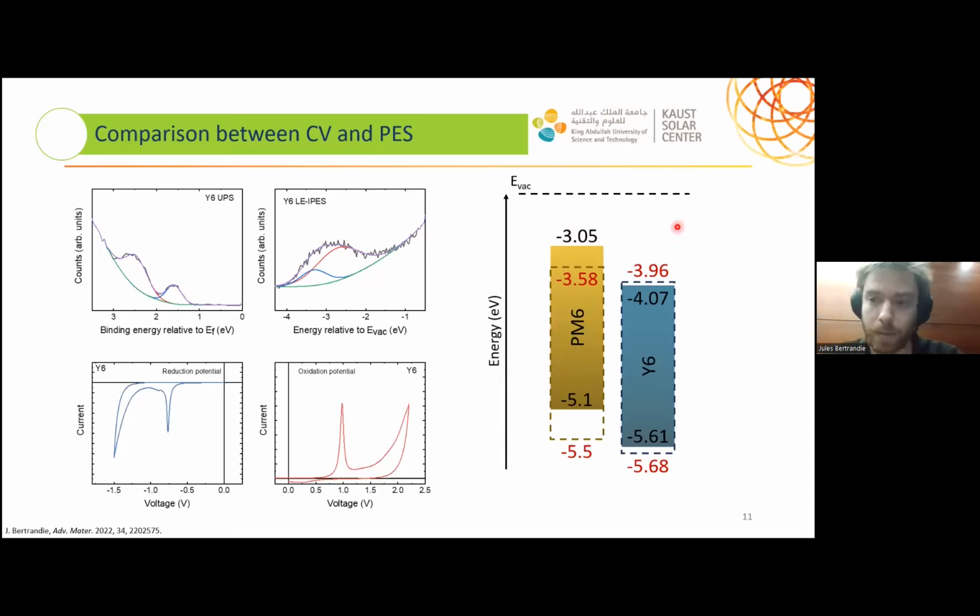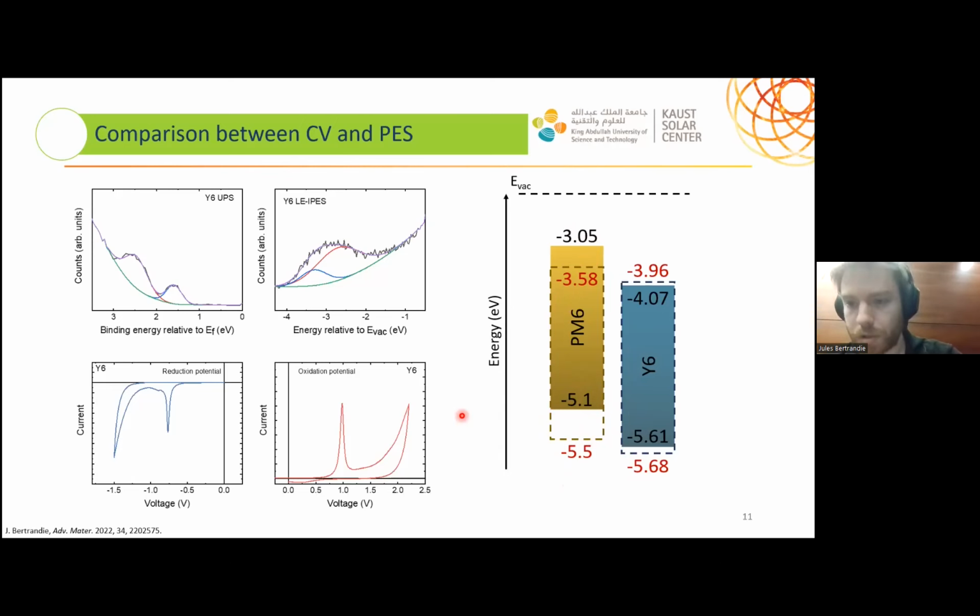And you can see that there are differences, big differences, mostly for the PM6. In the case of the Y6, it's still okay. But you can see that in the case of the CV we have a low offset for the IE, but in the case of the PES, we have a larger offset.